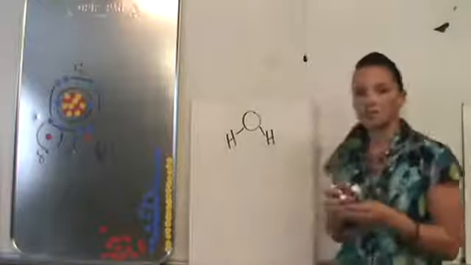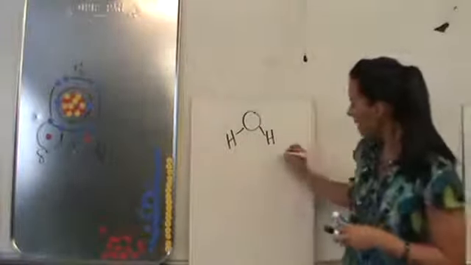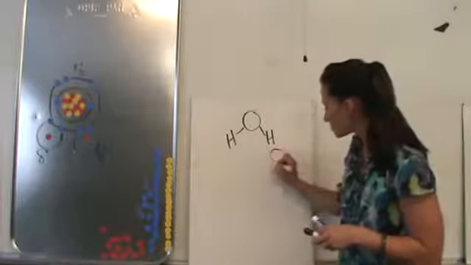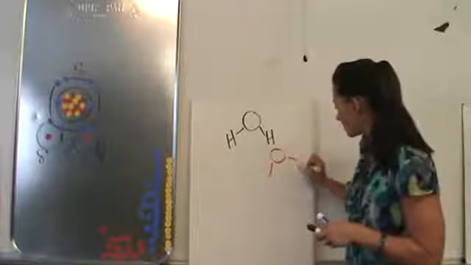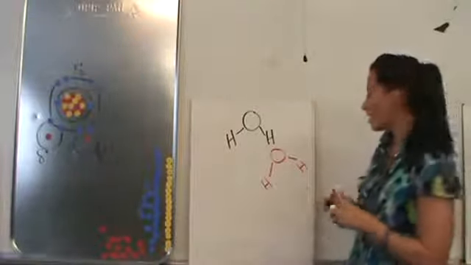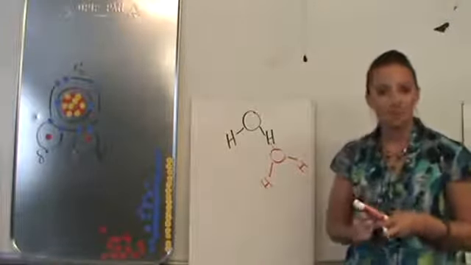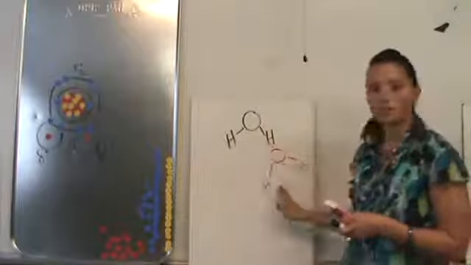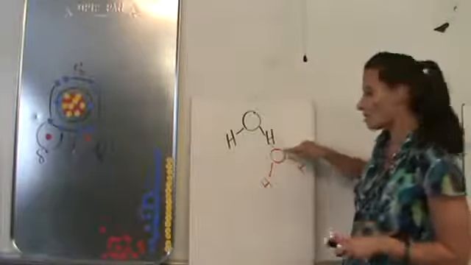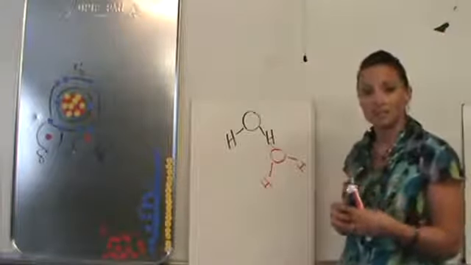So this is our water molecule. Now another water molecule comes in, and this hydrogen actually gets attracted to the oxygen. And so this bond that forms between these two is what's called a hydrogen bond. We still have 2 water molecules here, but it's an attraction between the hydrogen of one and the oxygen of another, which helps those water molecules stick together.